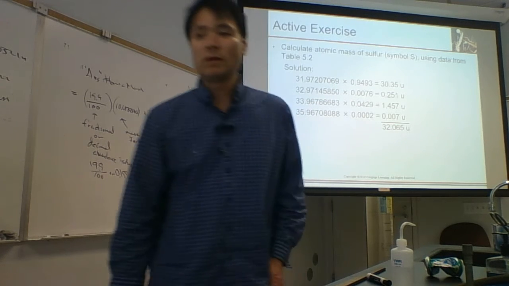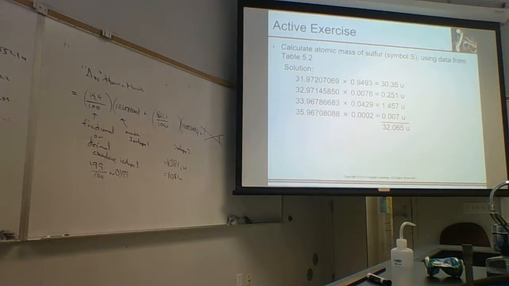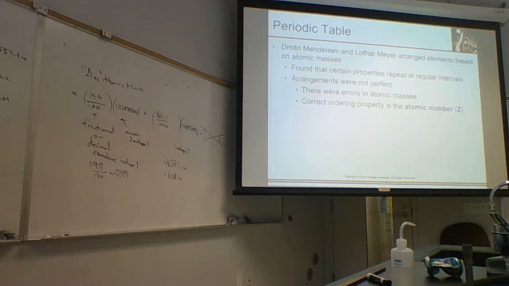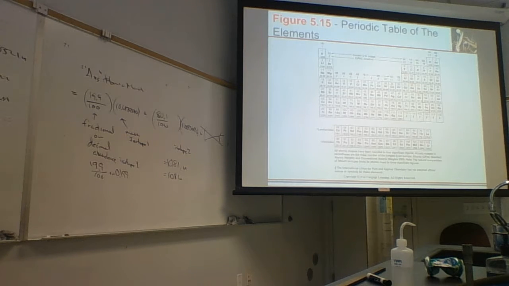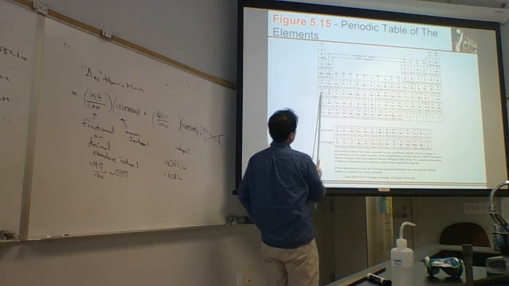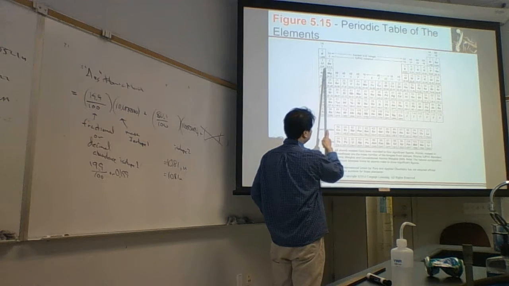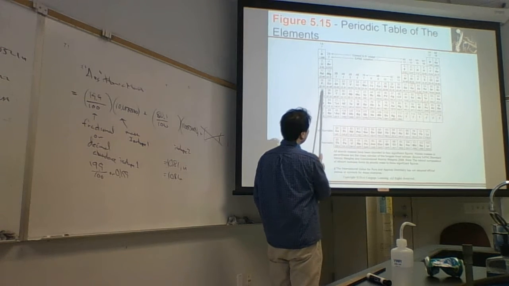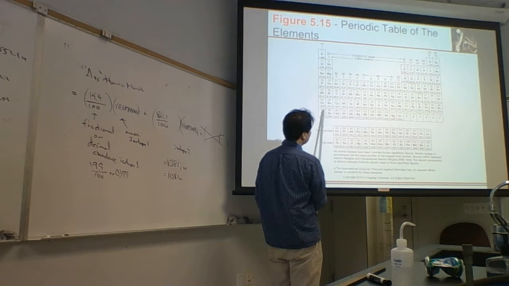And so somebody else has already done that for you by the periodic table. The periodic table, Mendeleev and Meyer, these guys, what they did was they arranged elements in terms of properties. And if we look at a column in the periodic table, a column is what we call a family of elements that share similar chemical properties.